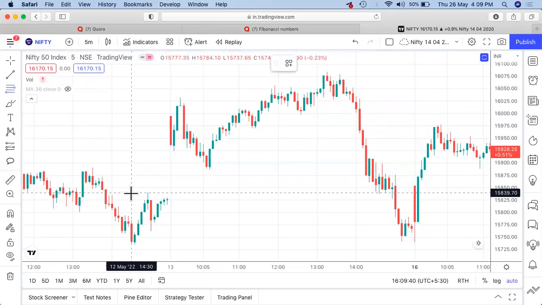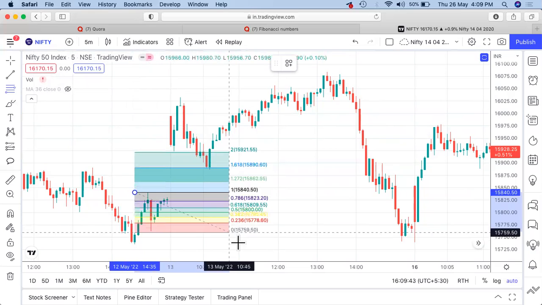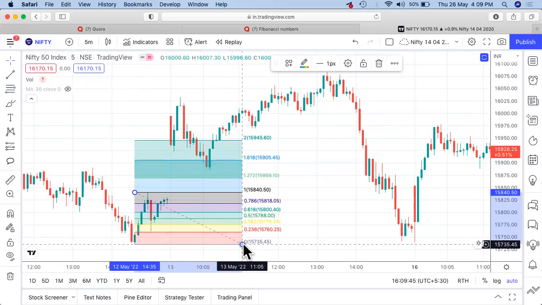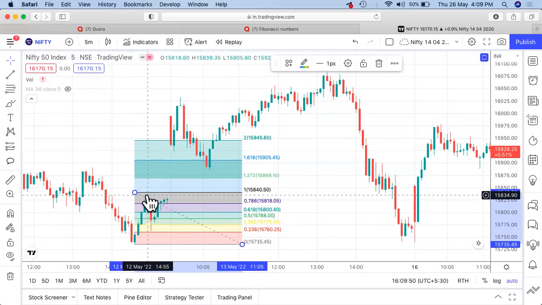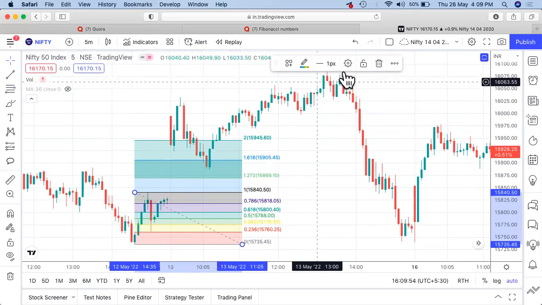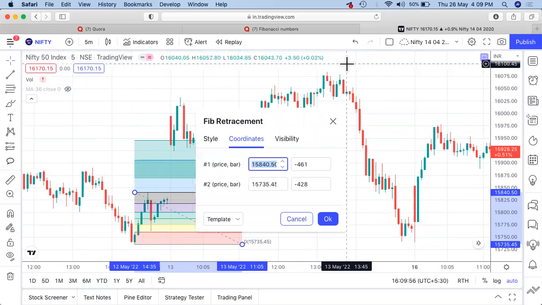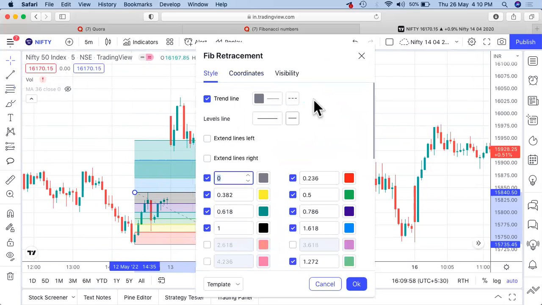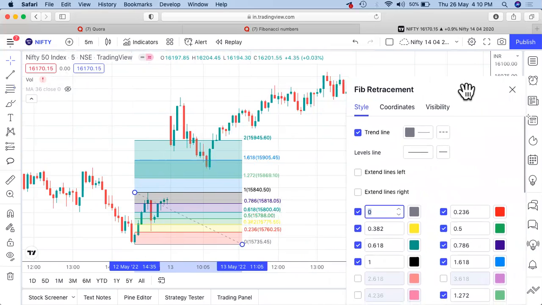I'll go to the high, and then I'll go to the low part. Right. So what I get is a high, a low, a high, and after that I get a retracement, and after that the market has gone up, right? So till what points it has gone high, we'll go for styles, and in styles I'll be getting these targets which are there.